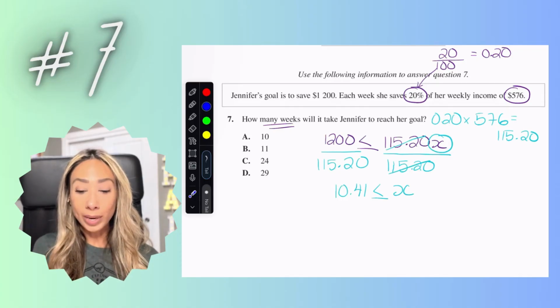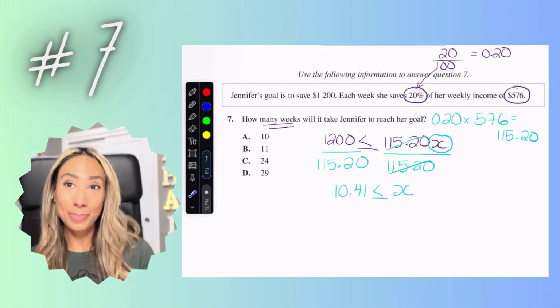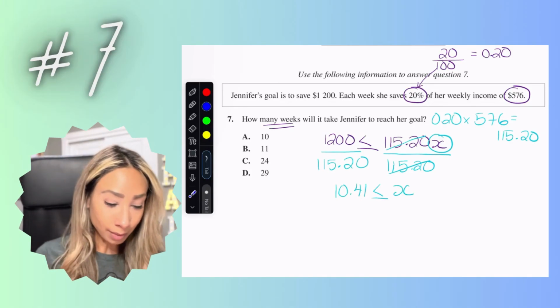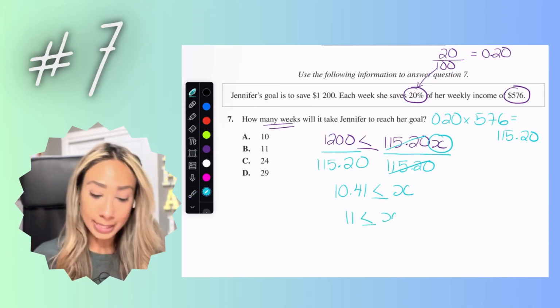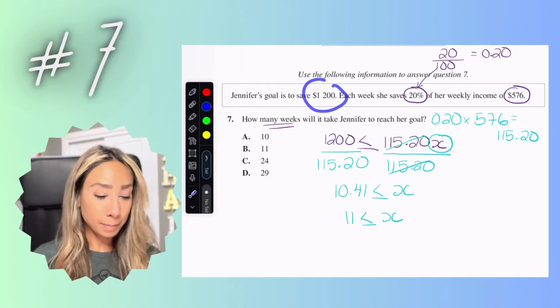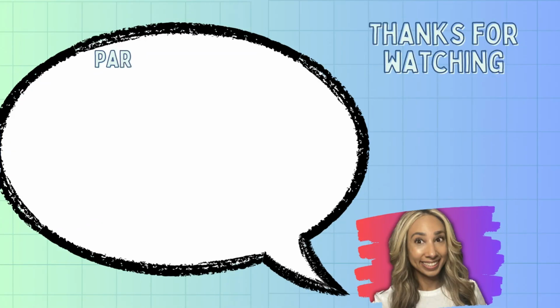Her income weekly is 576, so she can't save for 10 weeks and 0.4 of a week. That means with this value, we actually have to round up. So our value for X will be 11 weeks. It's going to take her a total of 11 weeks to reach her goal of $1,200, making our answer for this question answer B.